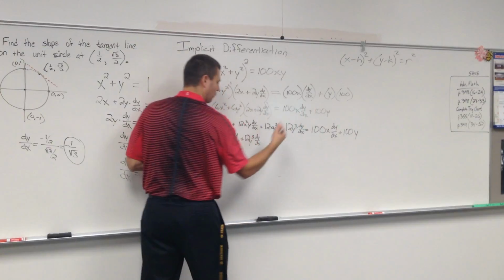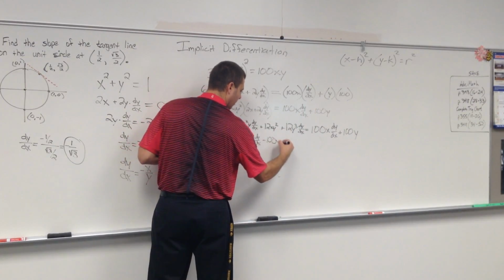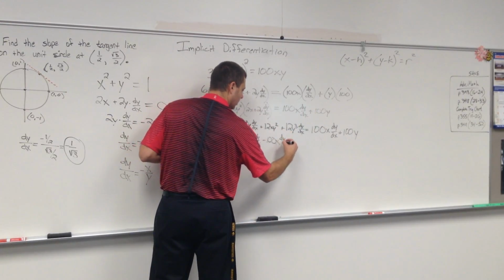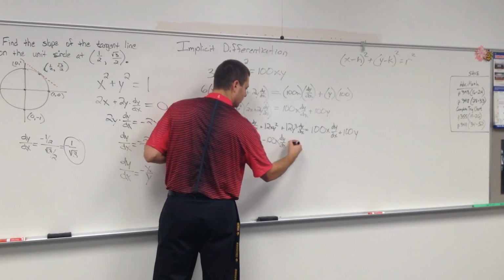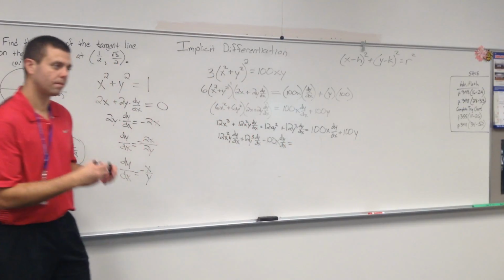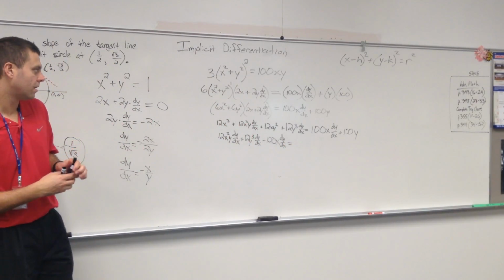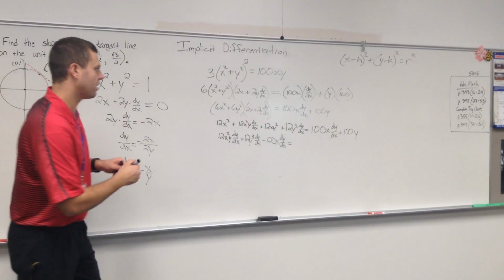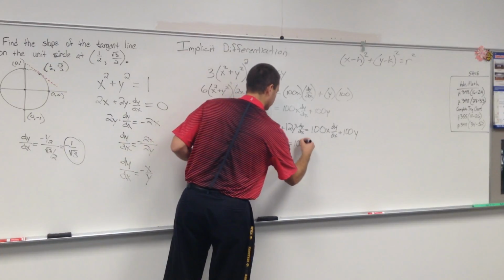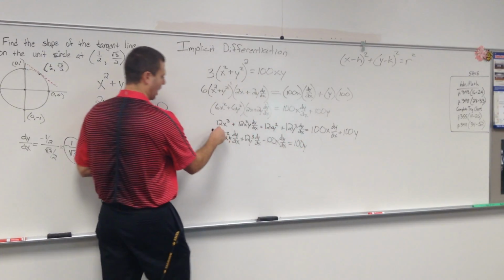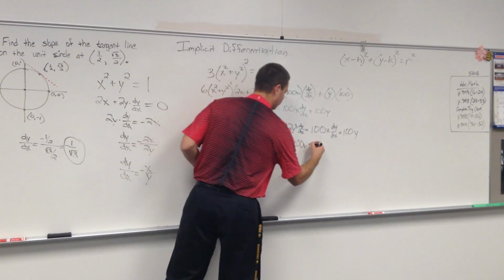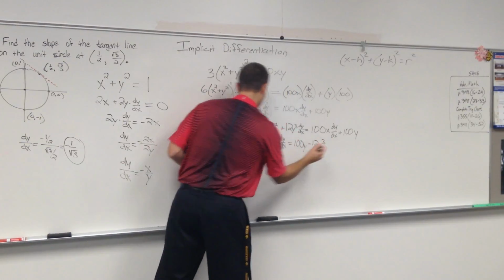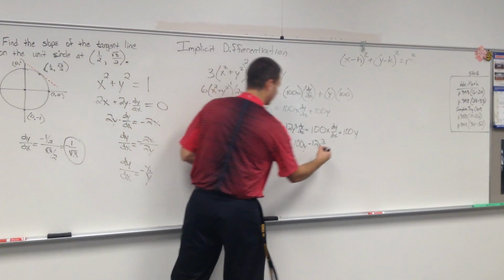And if I move this one over, that would be minus 100x dy dx. To move this one, I would have had to subtract it. And on the other side, I got my 100y that was already over there. I would have had to subtract the 12x cubed and subtract 12xy squared.